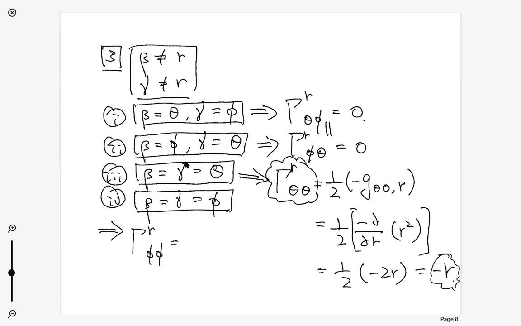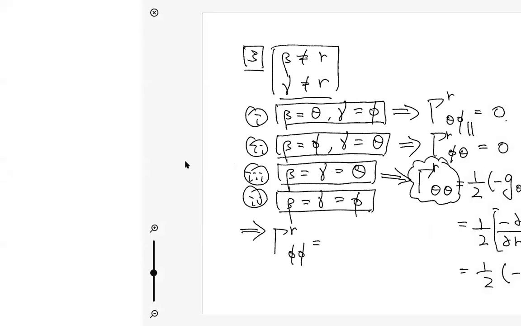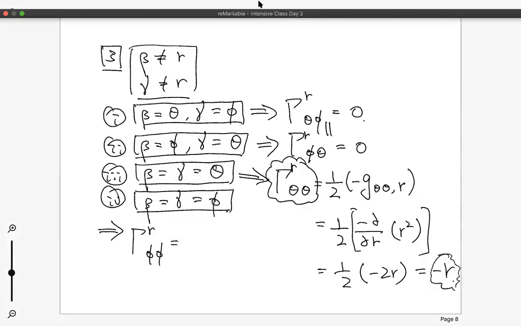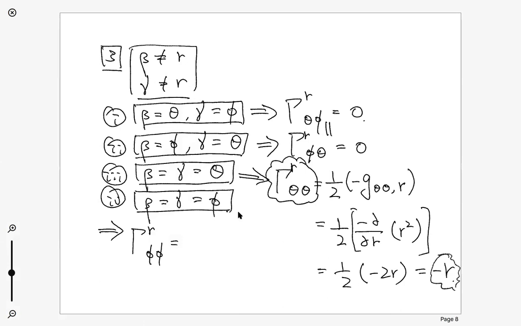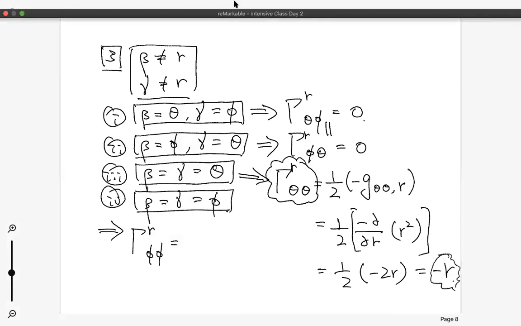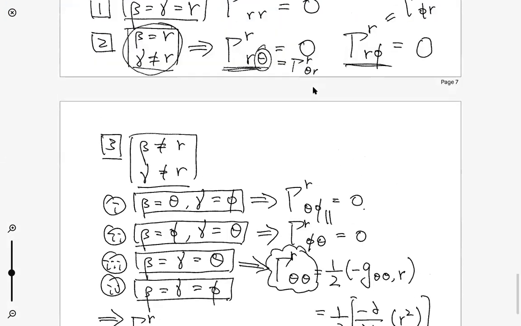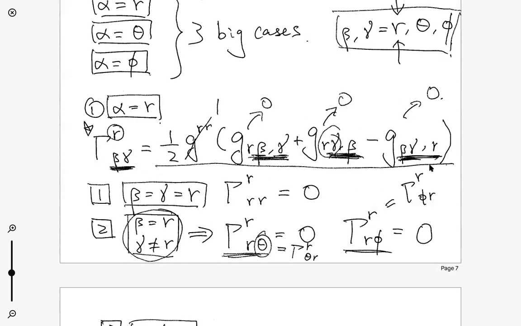I will wait until 3:27 and restart then, to give you some time to try this out. What is the r phi phi component of the Christoffel symbol, if we look at this formula?